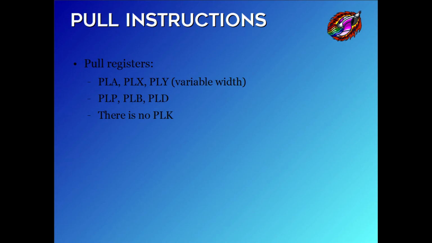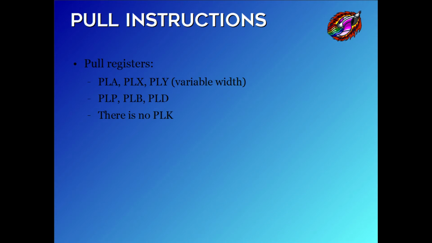It really wouldn't make sense to have that, because that would change in a strange way where your code is executing. And also there are no pull instructions into random memory locations, and there are also no pull instructions that simply throw data away from the register. So these are the only pull instructions that we have.